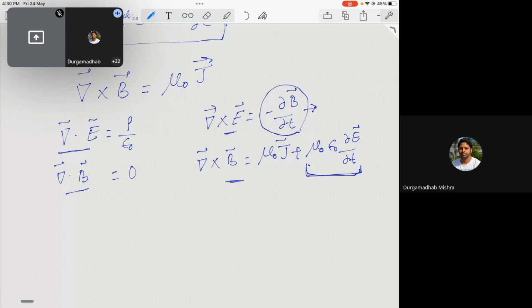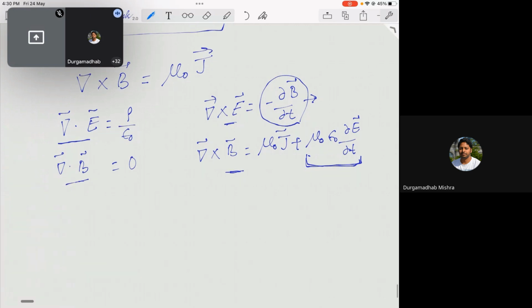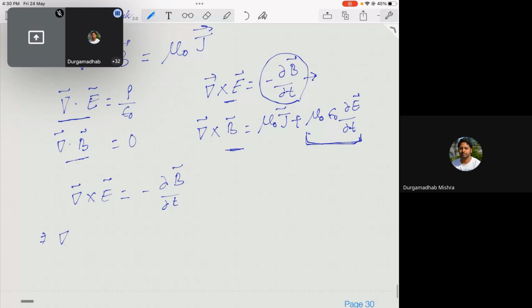Let's start with the equation curl of E is minus del B by del T. If I take the divergence of this curl of E, I can write del dot B, because I am interchanging the operator del and the partial derivative del by del T, since they are independent of each other.